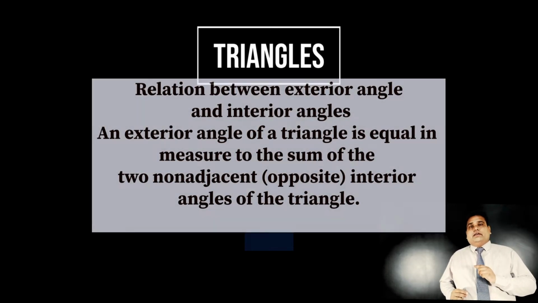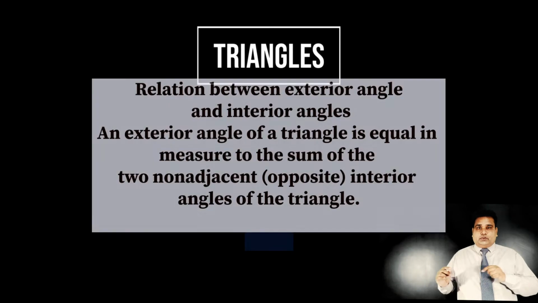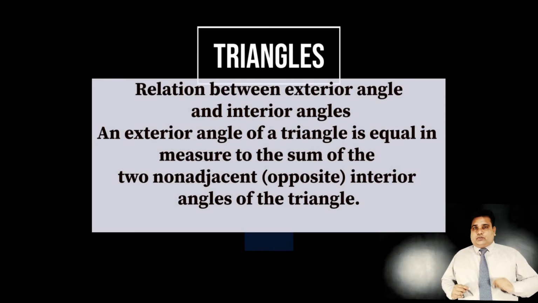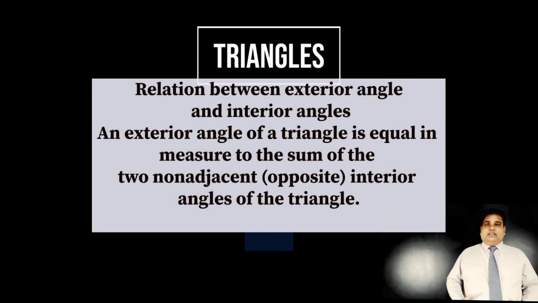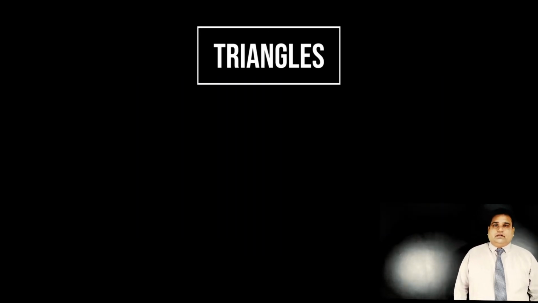So if x, y and z are the interior angles in this triangle, and the outside angle is angle p, which is an exterior angle, then the value of angle p will always be equal to angle x plus angle y. The value of the exterior angle is always equal to the sum of the two remote interior angles.